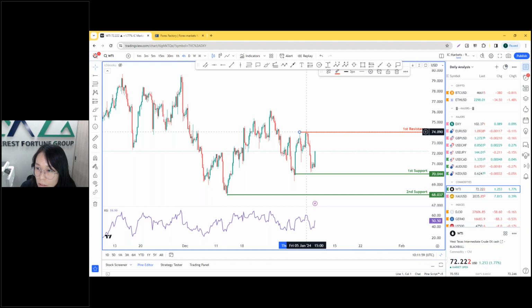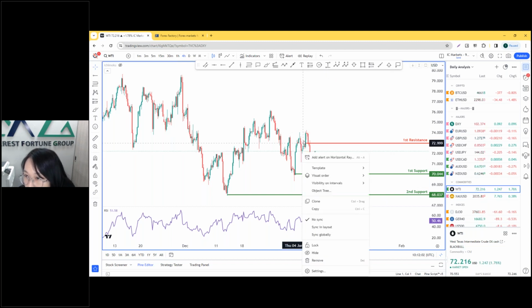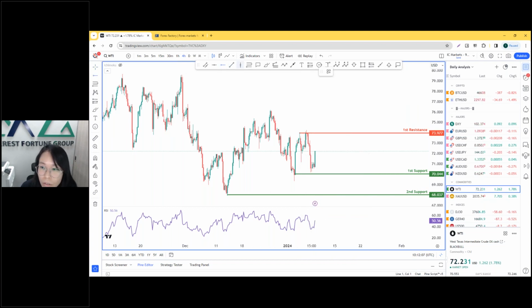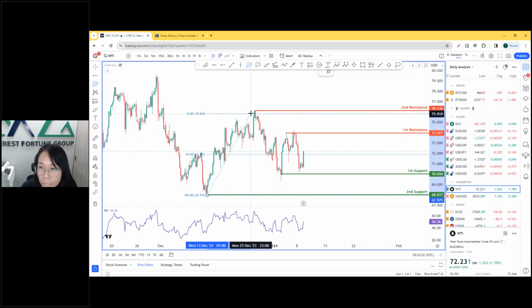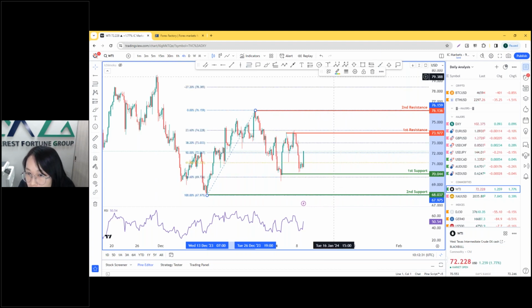Okay, and this will be too close, so this will be my first level of resistance, followed by the swing high here. And the 78.6 Fibonacci retracement is still valid.